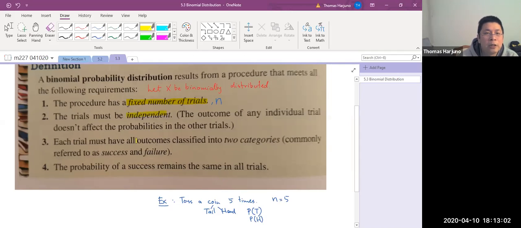The third, each trial must have all outcomes classified into 2 categories. Now, we usually call them success or failure. Okay, now, but of course, that's not the only way to look at that. We can also say that, beside success or failure, it is possible it's about tail or head, just like in our experiment below.